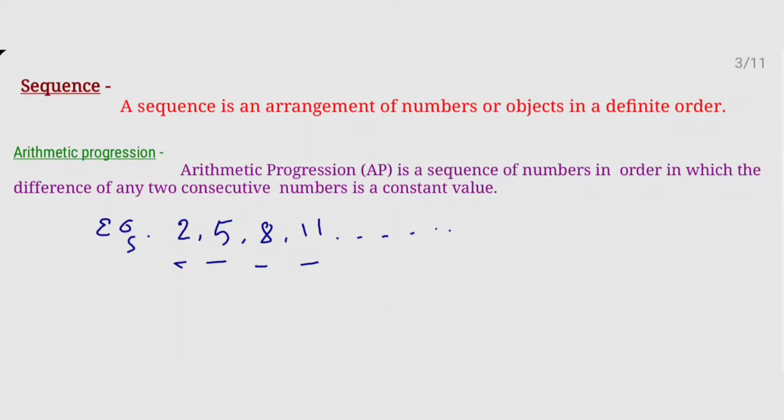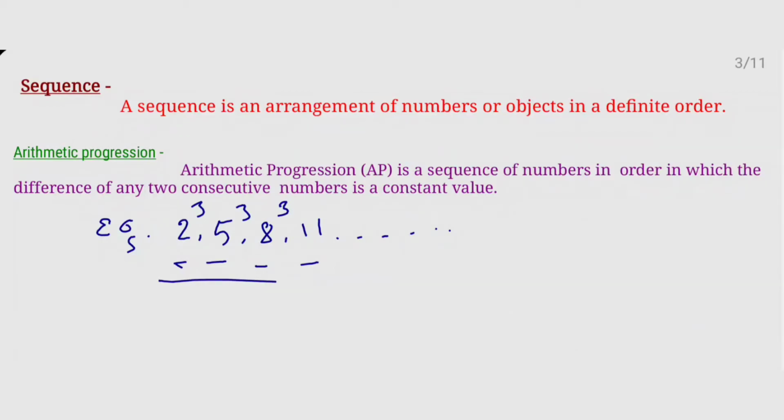So here, looking at the difference of two consecutive numbers: 5 minus 2 is 3, and 8 minus 5 is 3, 11 minus 8 is 3. So here the difference is a constant. See here, 3, 3, 3. So here the difference is a constant.